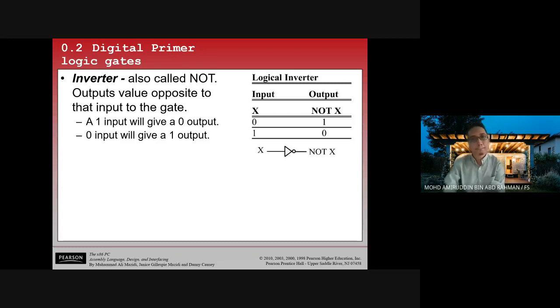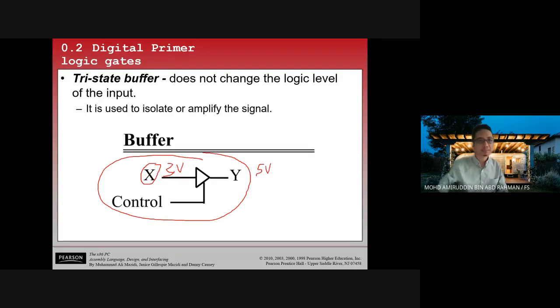As you can see, the symbol of the inverter is almost similar to the buffer, except that the buffer does not have this small circle over here. So that's why when you put 1 over here, the result will also be 1, except that the signal might be increased.